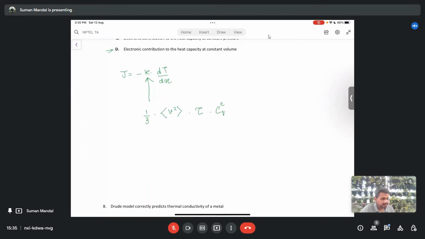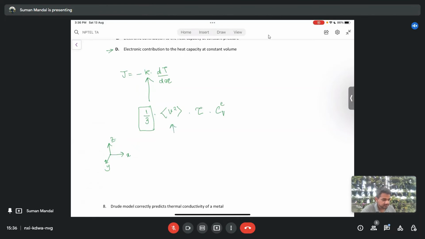To go briefly into how these terms come, this one-third term comes because if we take heat flow in 3 dimensions, it's x, y, and z. In an isotropic system, the amount of heat flow will be equal in all the directions x, y, and z. But since we're taking only the x direction, only one of them, it will be one-third of the total heat that has gone in a particular direction. So we have the one-third term here.